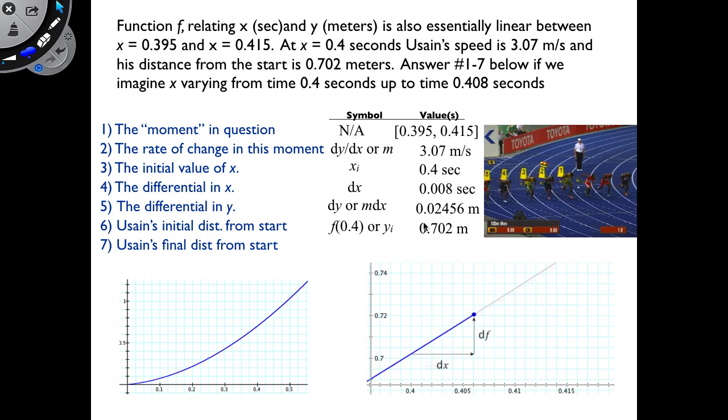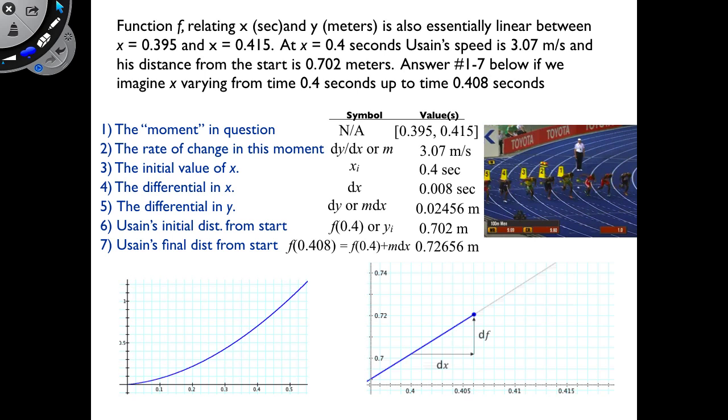Well, here's his initial position. Here's how much his position changed during those 0.008 seconds. So I can think of symbolically his position at time 0.408 as wherever he was at 0.4 plus the extra that we just computed, which would make those two previous numbers added together, 0.02456 added on to 0.702.